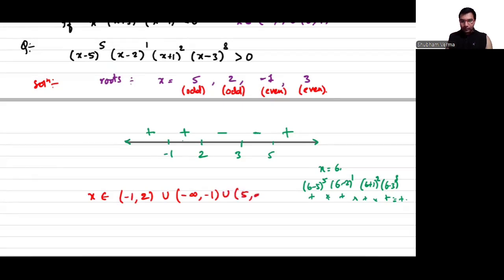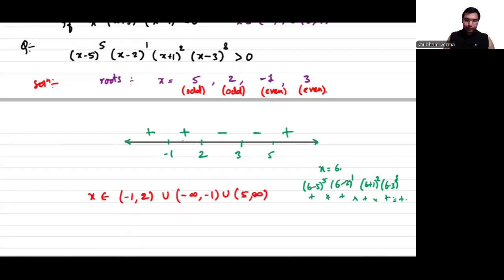So 5 to infinity. Getting it? Because minus 1 is not inclusive, that's the reason we are writing it like this. Otherwise, we should have written minus infinity to 2 if this would have been equal to. If this would have been equal to, I should have written my answer as minus infinity to positive 2. This entire thing. Is it clear?